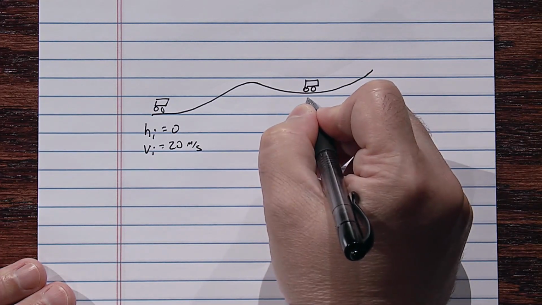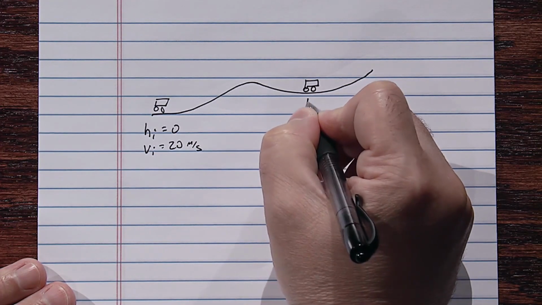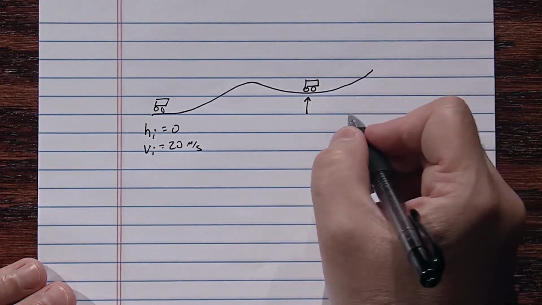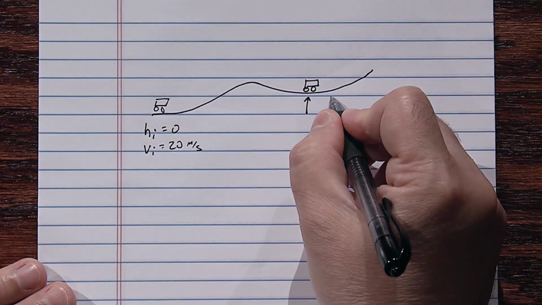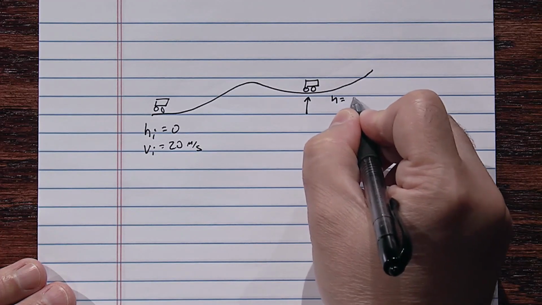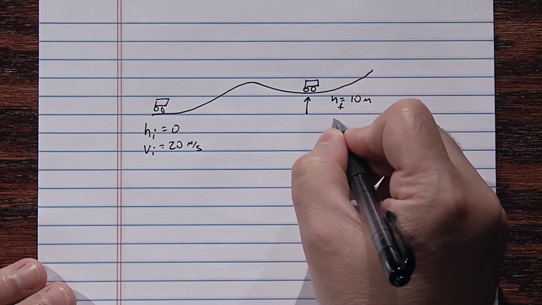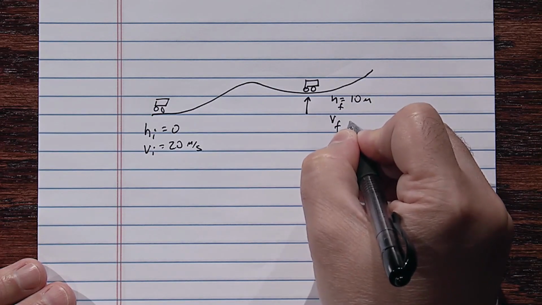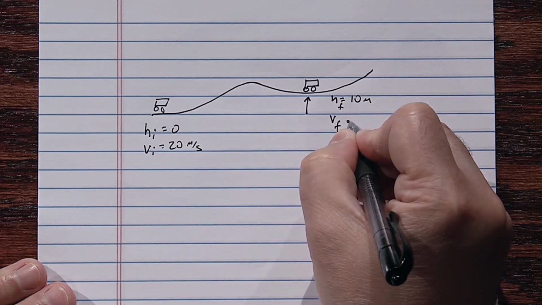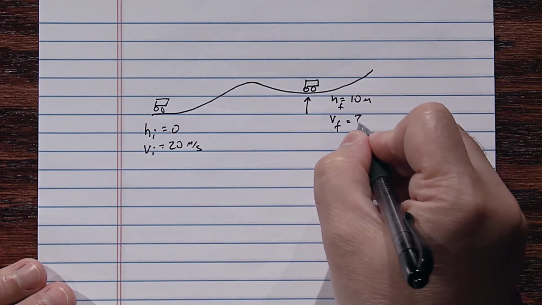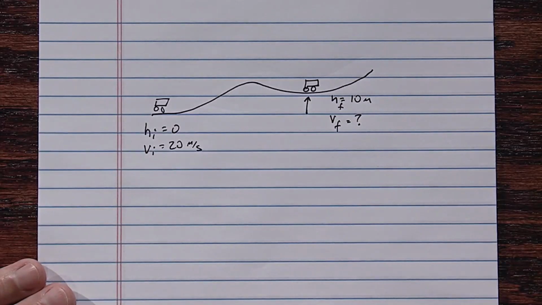And that's the end as far as we're concerned. And so the height final is 10 meters. And V final is what we're looking for. What is the speed of the cart?